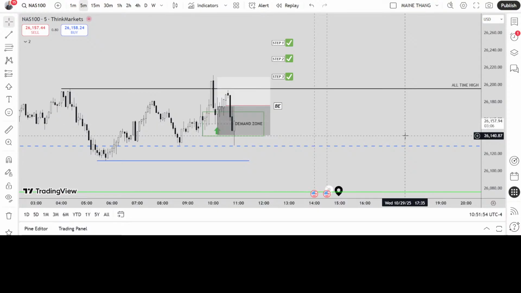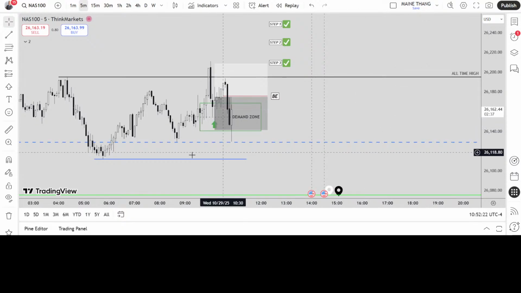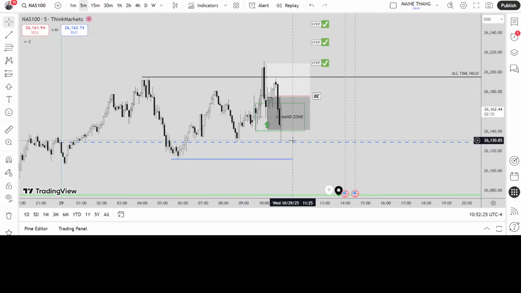It's flying, but the market isn't. Came back down, kind of respected opening price.